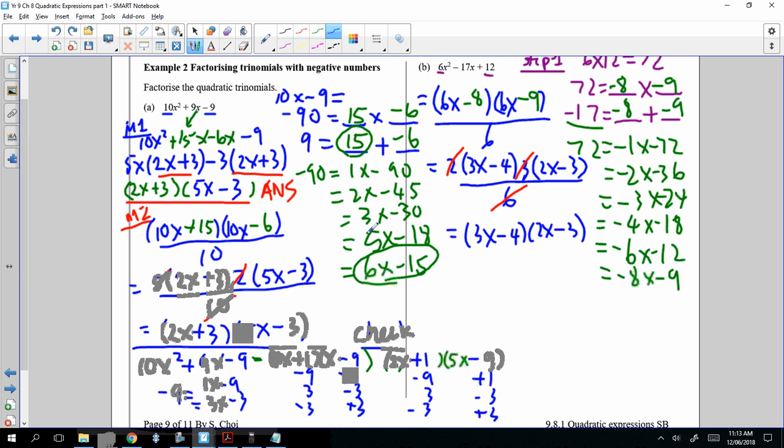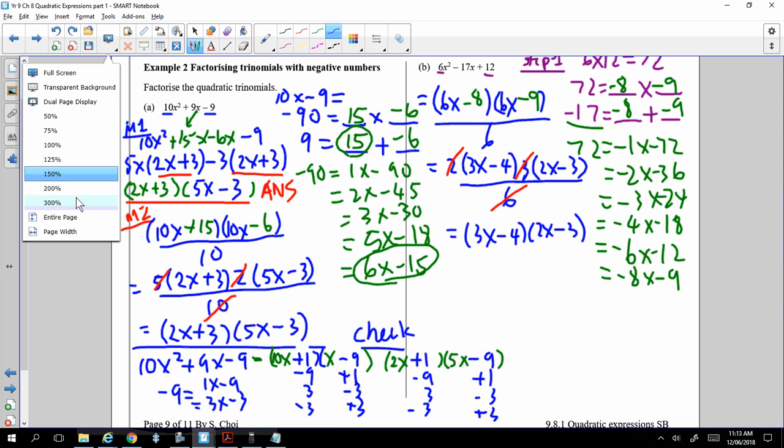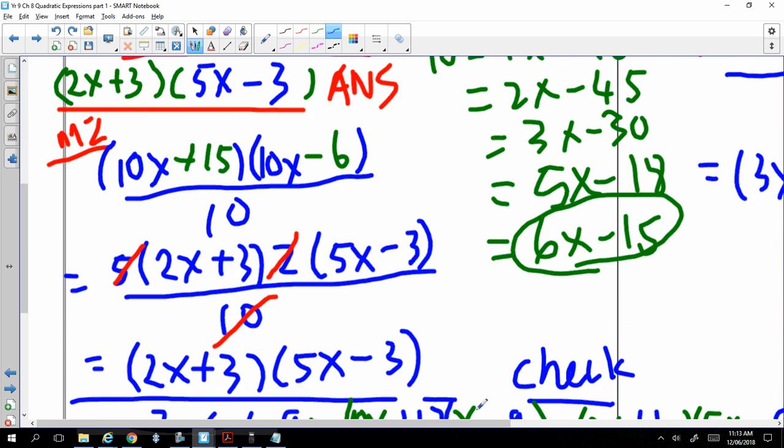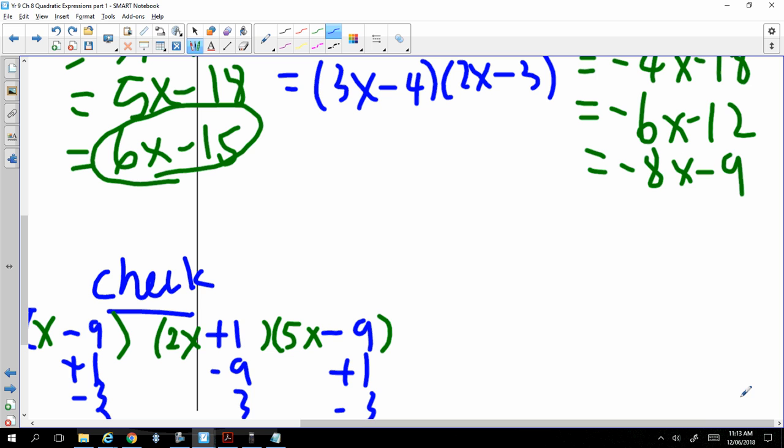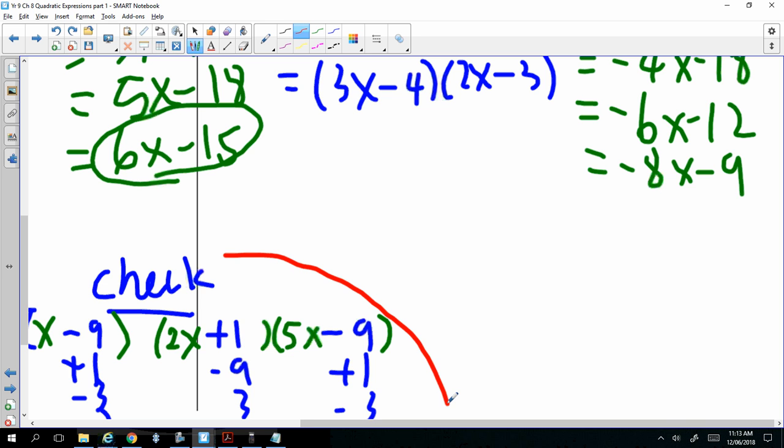Yeah, you can. Oh, you want to do it? Okay, I'll show you how method 1 works. All right, let's do method 1. Now with method 1, you write 6x squared, but remember the numbers you found, negative 8 and negative 9, you split that into 2 terms, negative 8x, negative 9x, plus 12, right?